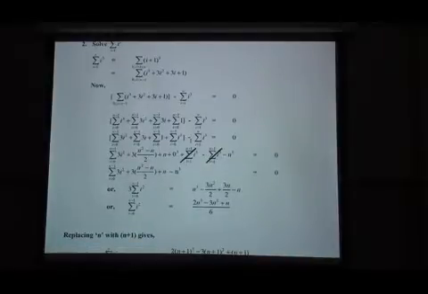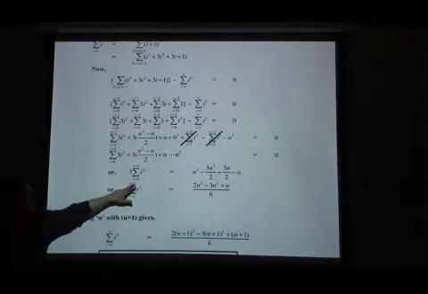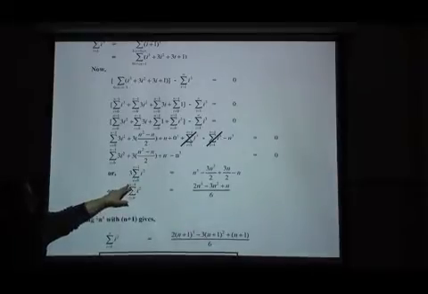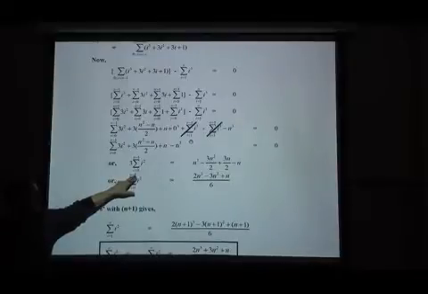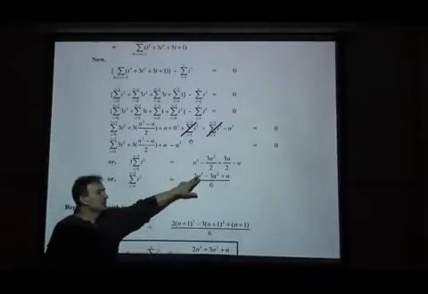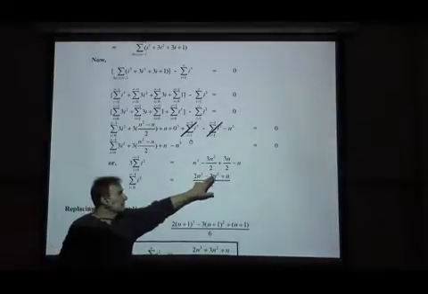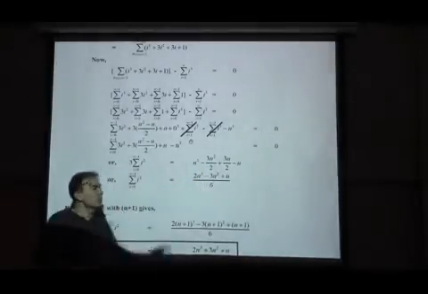So how do I do that? I replace n with n plus 1, because if n is n plus 1, n plus 1 minus 1 is n, and this is going to be n plus 1 cubed minus 3 times n plus 1 squared plus n plus 1.